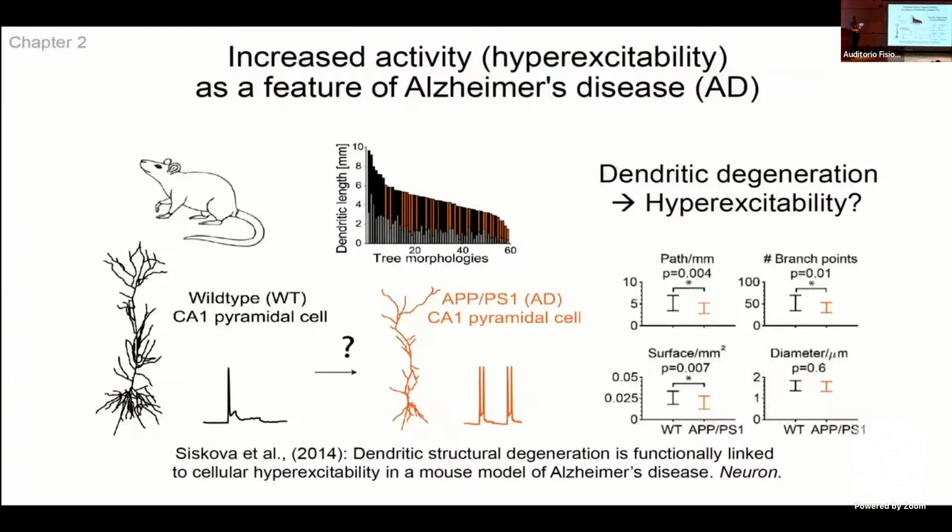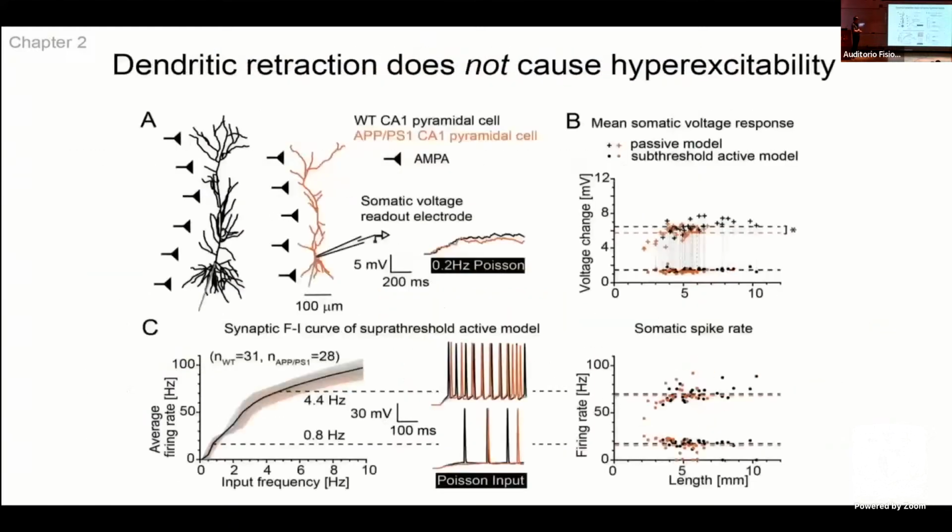And if you stimulate somatically, then the smaller the cell, the higher the input resistance, and with that, the voltage goes up. But that doesn't apply for synaptic stimulation, which is the more realistic stimulation that is going on in a circuit. And in that case, we don't see this kind of increase in excitability.